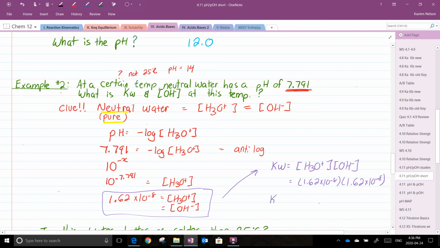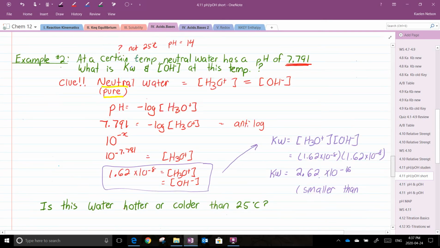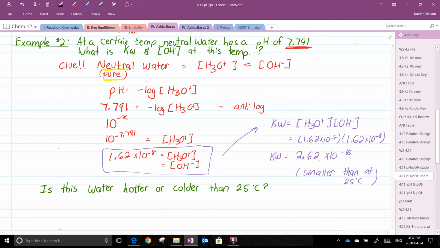So my new Kw is going to be 2.62 times 10 to the minus 16. Okay, and I'm just going to make a note that this is smaller than our regular Kw, which we need to know for our next piece of our question.